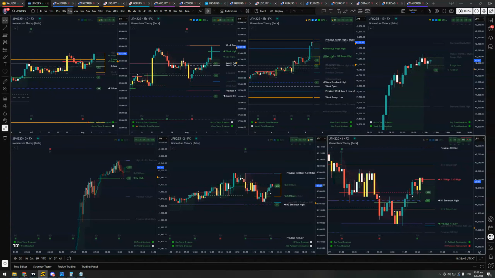Still nothing yet. 10-second closure, faking out that M15 high. So this process of waiting for that 10-second or 15-second closure, it's more just so I don't just enter anywhere.